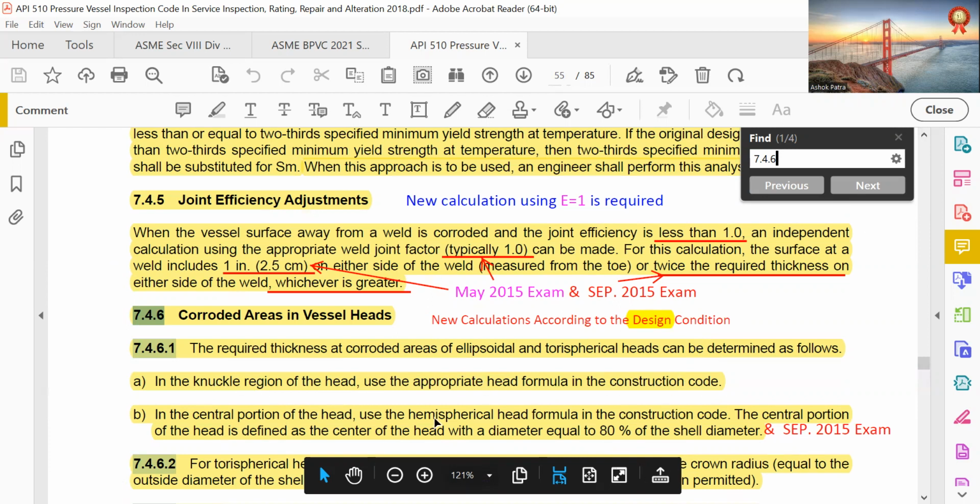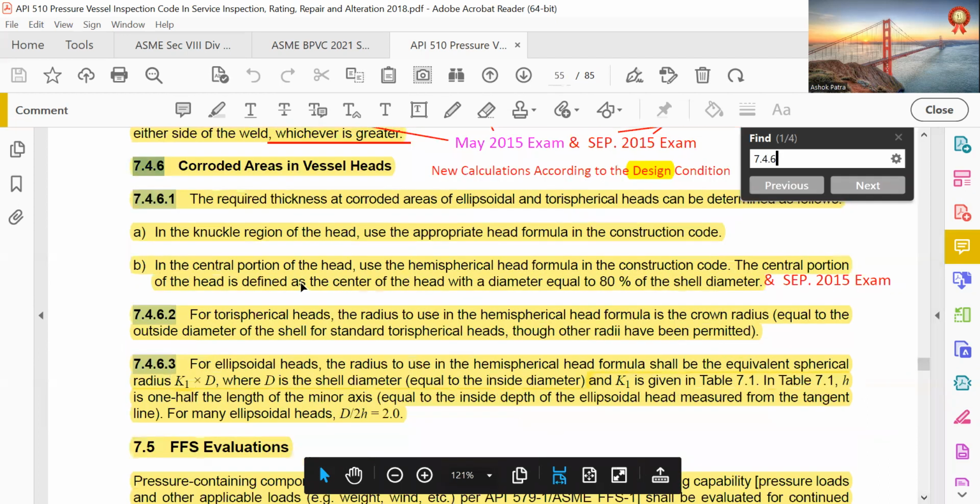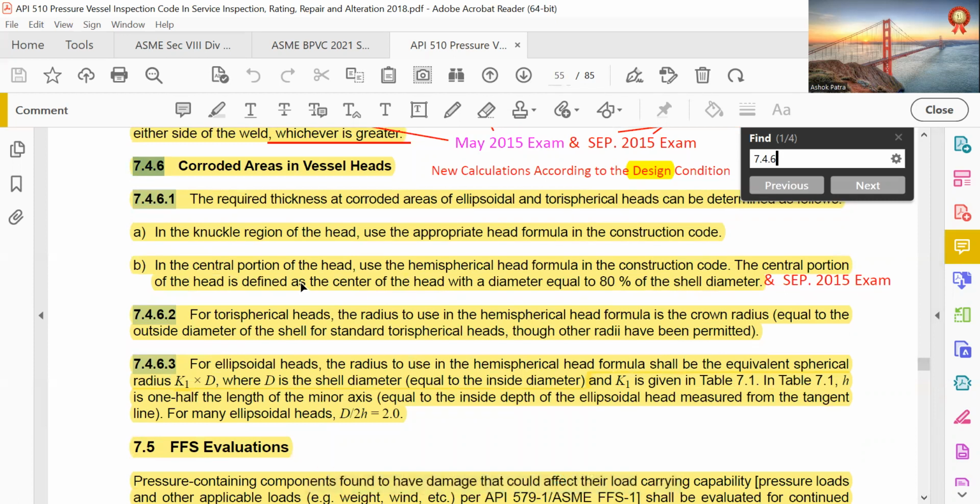For the central portion of the head, use the hemispherical head formula. For a torispherical head, for the crown radius, use the hemispherical head formula.